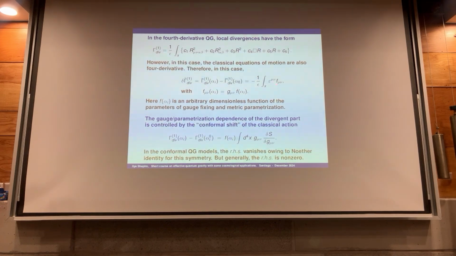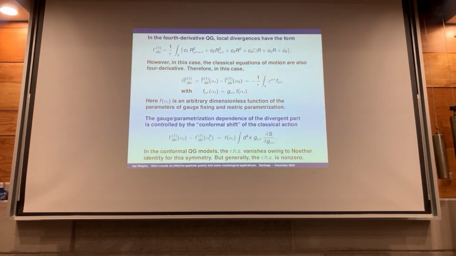So f mu of alpha will be the metric multiplied by some numerical function, C function, of all parameters. Things simplify a lot. If you replace this back into your action, you have this formula. It means that the difference between two effective actions, divergences, is proportional to the conformal shift of the action, because this is a conformal operator.